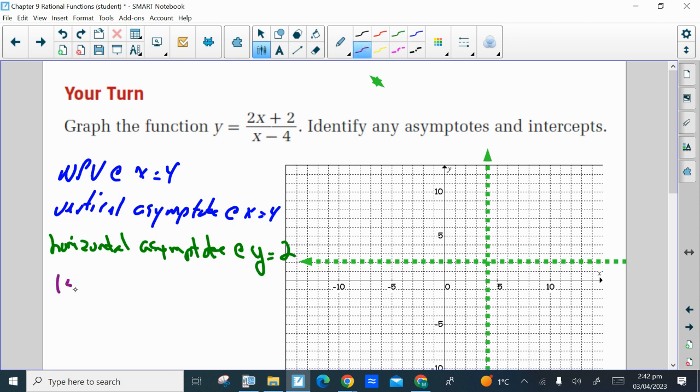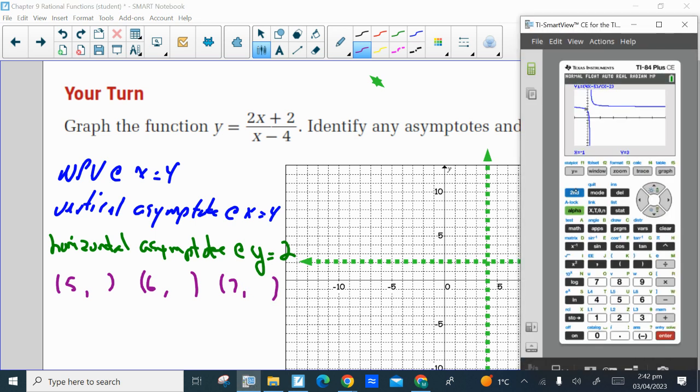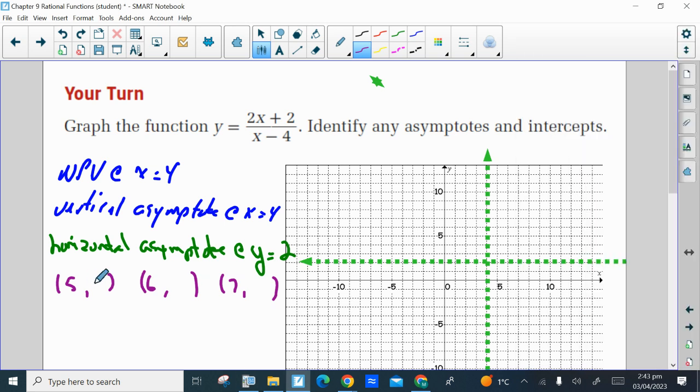If we choose values of x to be 5, let's say 6 and 7, plug that into the equation. So 2 times 5 plus 2 in brackets, divided by, on the bottom, just 5 minus 4, which is going to be 1, obviously. That gives us a y value of 12.